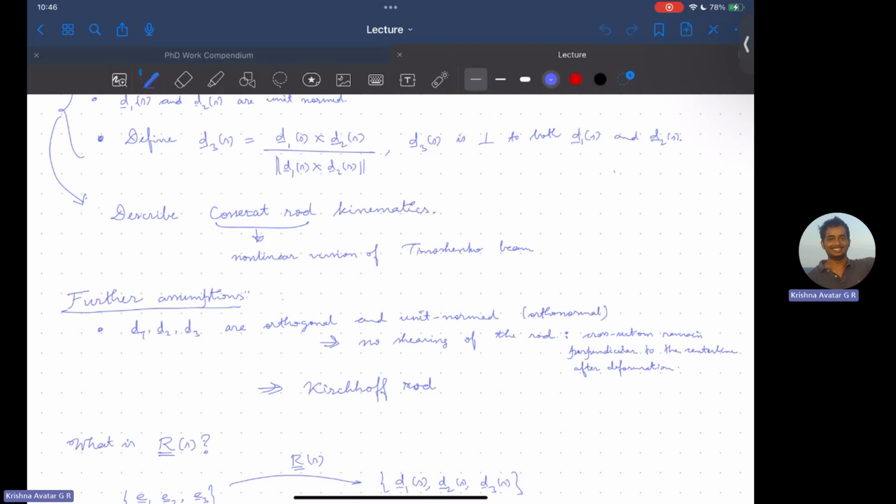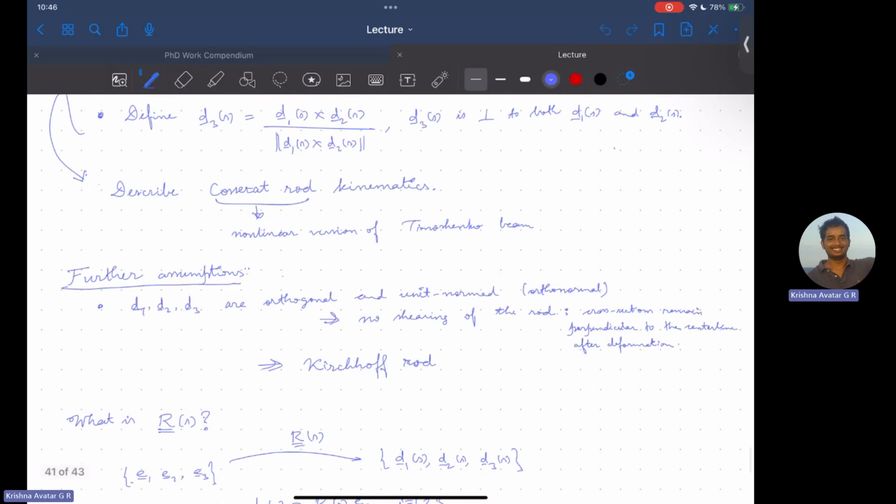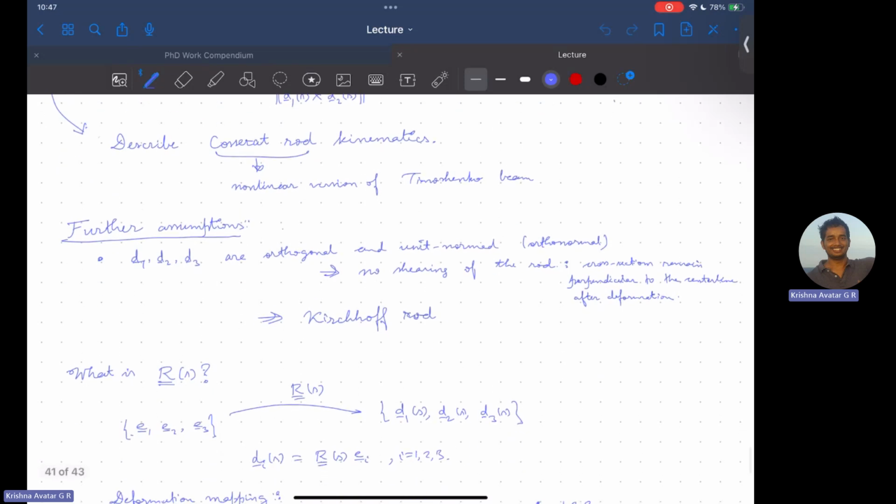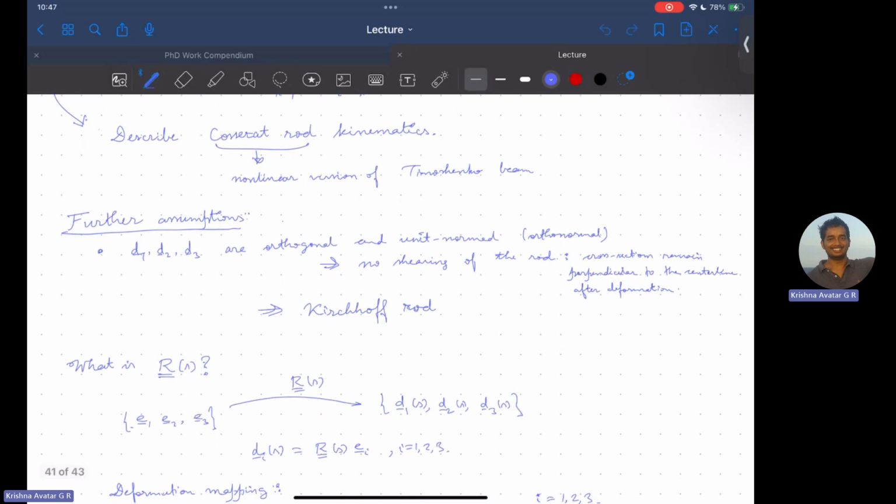We call that a Cosserat rod, which happens to be a nonlinear version of the Timoshenko beam. And the further assumptions we made to simplify this Cosserat rod for practical purposes give what we call the Kirchhoff rod.